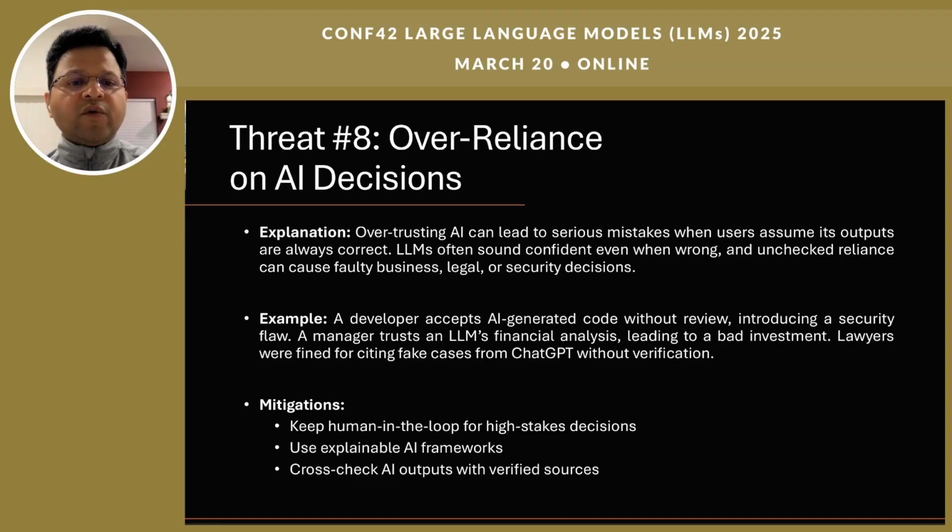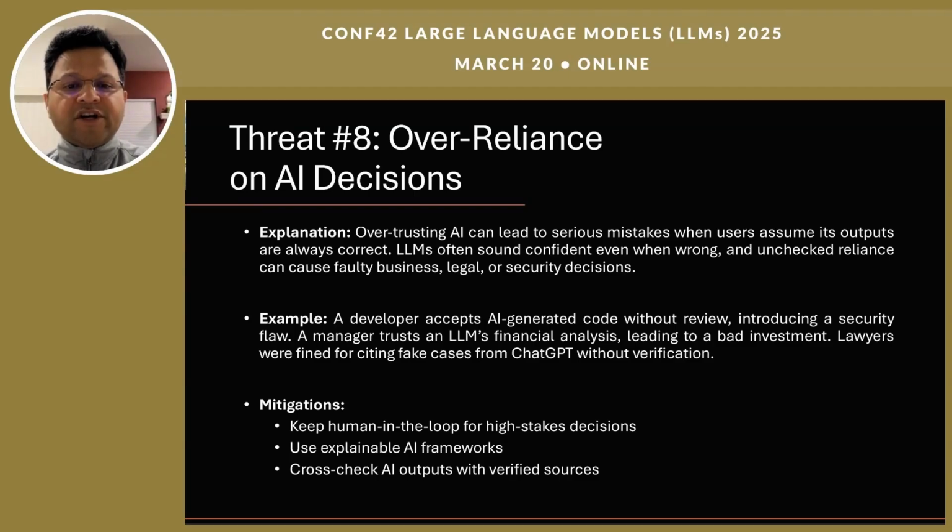A lawyer could inadvertently cite non existing cases generated by a chatbot, leading to professional repercussions. In finance, an ill advised investment might be made based on flawed AI analysis. Mitigations: maintain human oversight for high stakes applications and encourage a culture of skepticism around AI generated content.